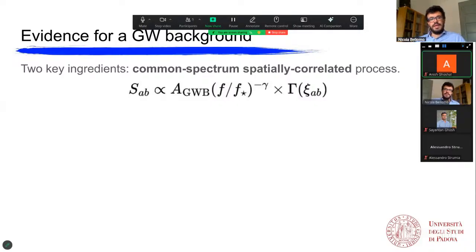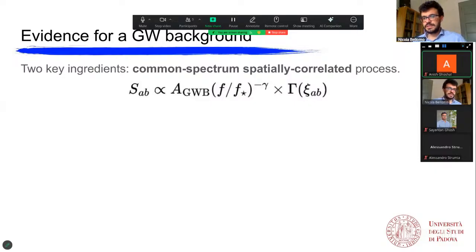And finally, two years ago, we reached a sufficient confidence level to claim that we have detected a common spectrum and spatially correlated process that is compatible with a gravitational wave background.